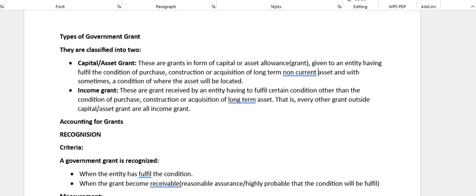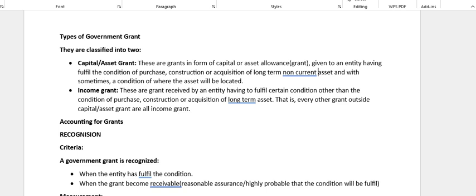Capital or asset grant has to do with the allowance that you receive, having met the condition of acquiring, constructing, or purchasing a non-current asset. That is that for that.